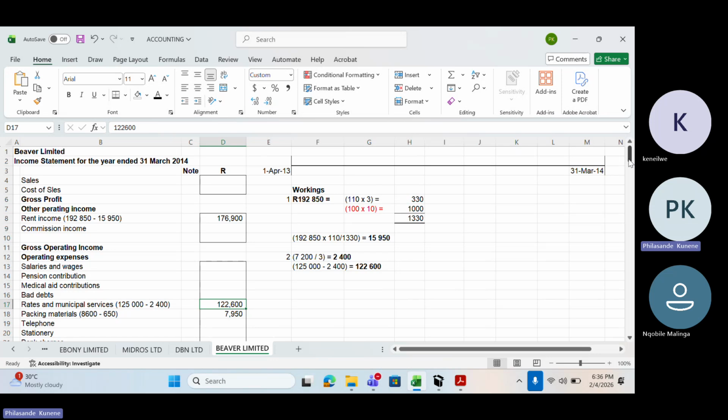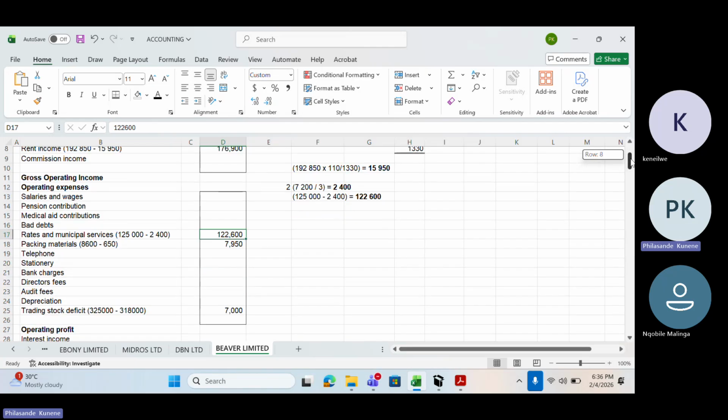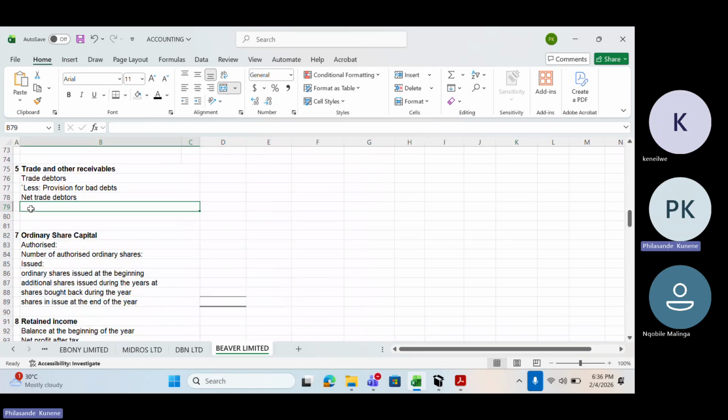It is a prepaid expense that is part of receivables. It's supposed to go to my note number 5 as part of prepaid expenses, and then I'll say 2,400.